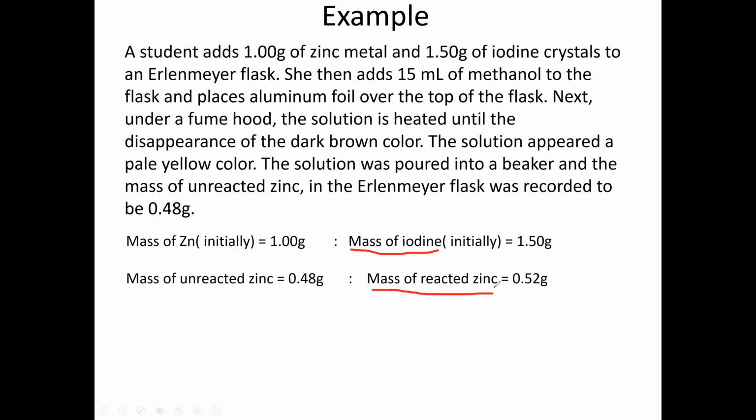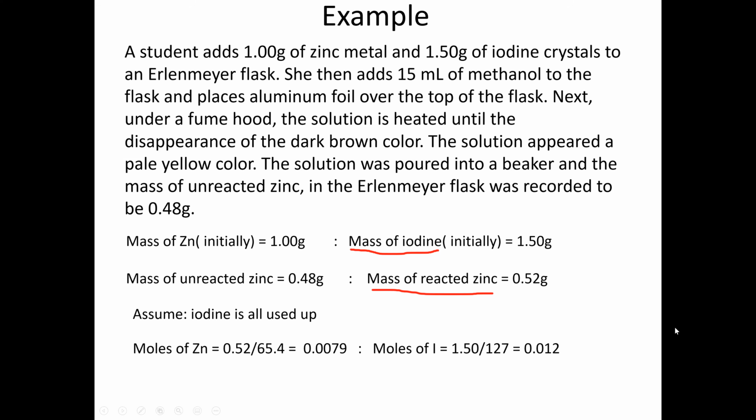Remember when we did empirical formula, you need the mass of each element. Now we have the mass of each element. Again, it's under the assumption that all the iodine is used up. If all the iodine doesn't get used up, there's going to be an error in your experiment.